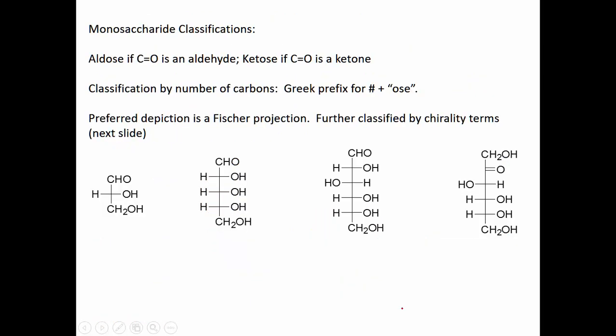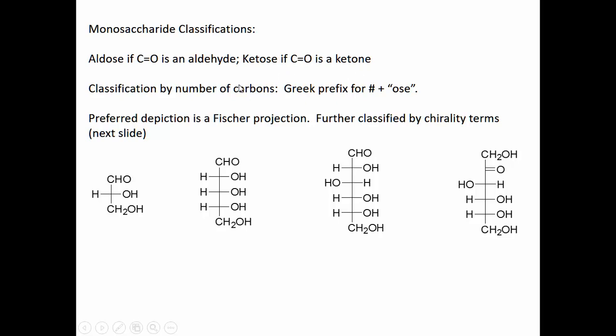All right, let's look at some structural and chirality classifications. First, let's look at structural classifications. We're going to call a monosaccharide an aldose if the C=O is an aldehyde, and we're going to call it a ketose if the C=O is a ketone.